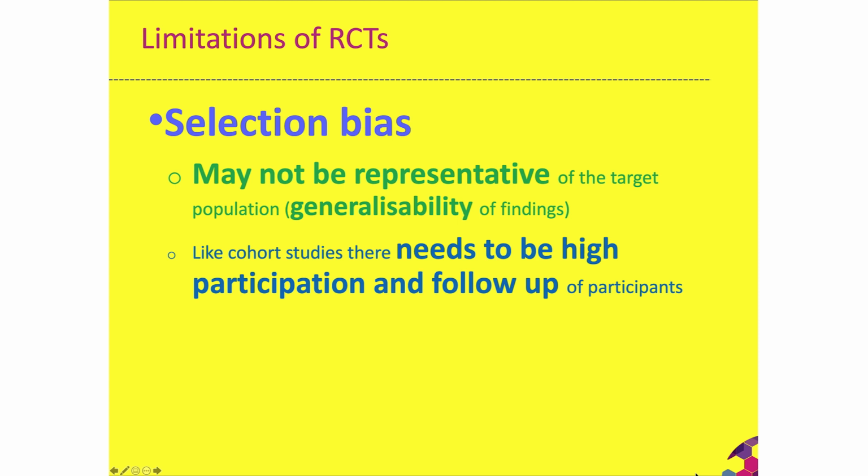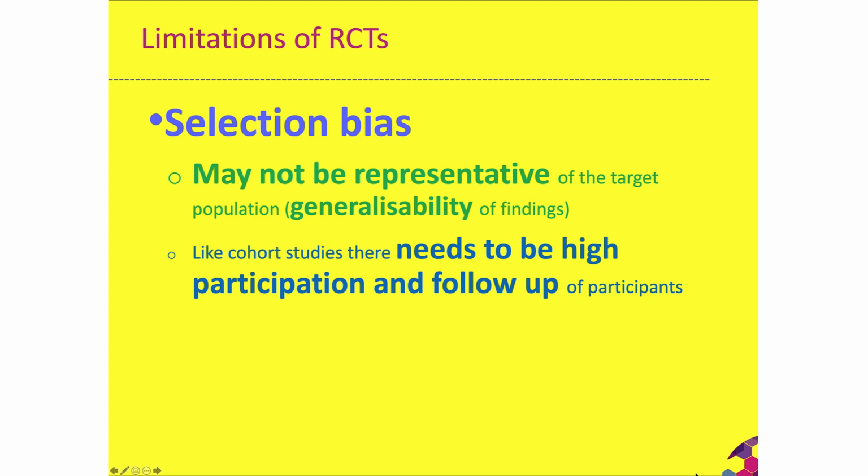Similar to cohort studies, they need high participant rates and good follow-up of participants, because if we lose people from the study, then that again will cause a selection bias in our study, because we don't know why some people have left, and maybe those people are very different from the people who have stayed. For example, it may be that all the poor people leave the study because it takes them too long to get to where we are doing the study, and maybe because there's a disruption to public transport as we are running the study.